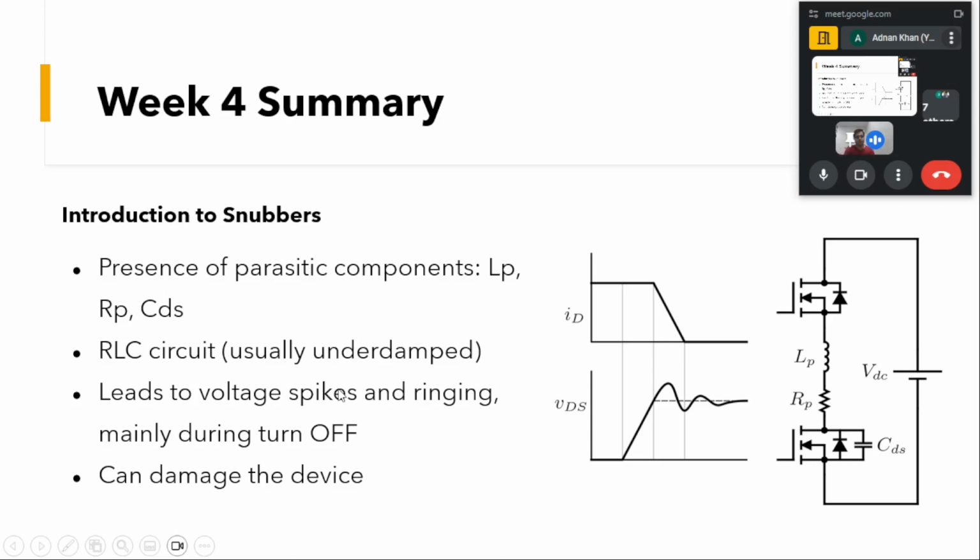And whenever we turn off this device, when this voltage builds up gradually from 0 to the VDS value, there is some overshoot in this voltage, and we don't want our overshoot to go beyond the rating of the devices, so that it may damage the devices. So now we'll see how these snubbers will work and how they will limit this peak of this device.